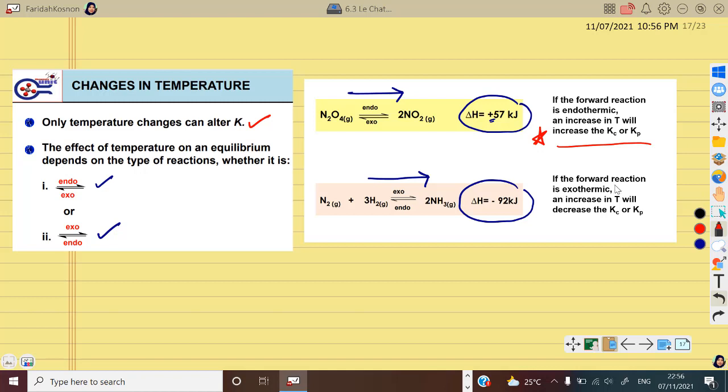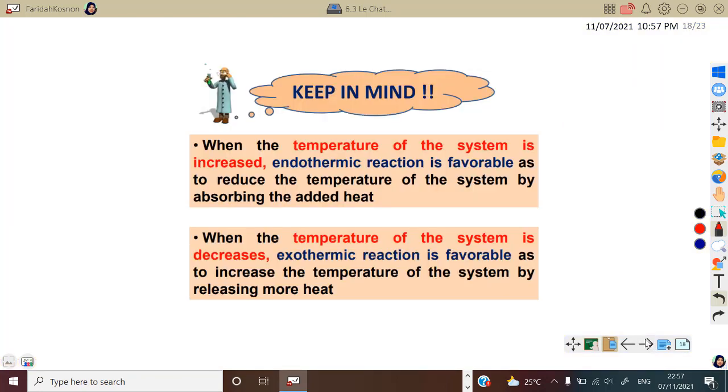Okay, if the forward reaction is exothermic, an increase in temperature will decrease the value of Kc or Kp. Jadi saya dah sebut tadi only temperature changes akan menyebabkan nilai Kc or Kp berubah.